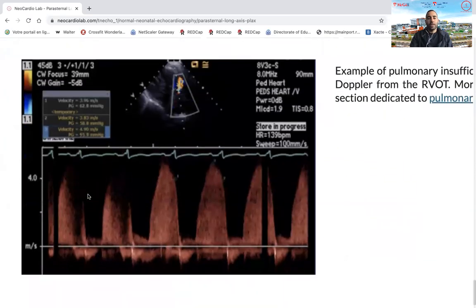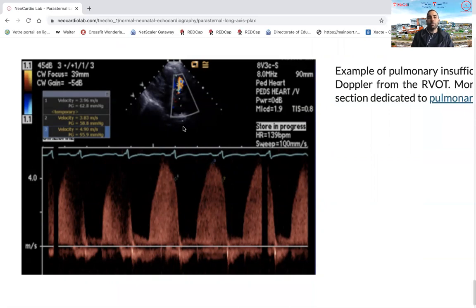So to go back to the idea that you can use the pulmonary insufficiency jet as a way to measure the PA to RV gradient, here we're using again the concept of Doppler and line of interrogation in order to get a sense of velocity of flows. In this case, we're using the concept of continuous wave Doppler.